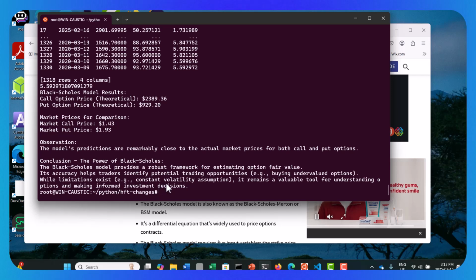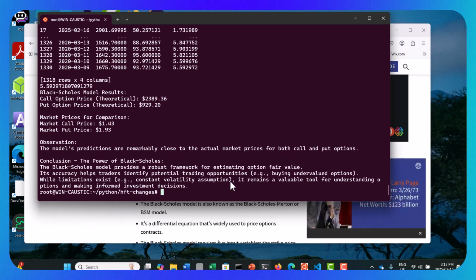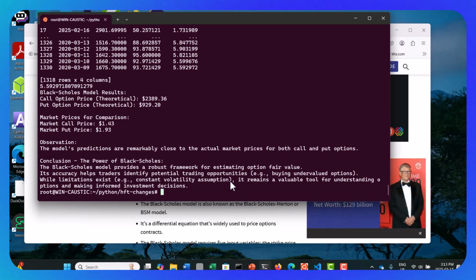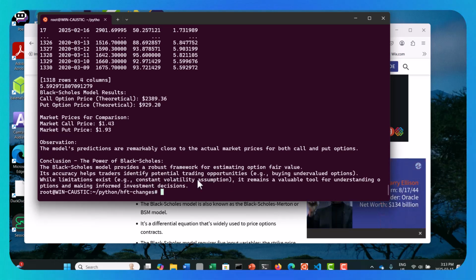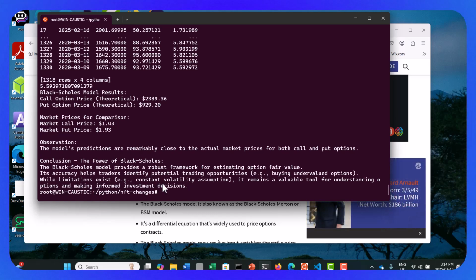While limitations exist, such as the constant volatility assumption, because again, if I was to show you the live option chain with the bid and price, it's pretty tough to measure. But we're just trying to guesstimate here as best as we can with Black-Scholes. Despite the constant volatility assumption, it remains a valuable tool for understanding options and making informed investment decisions around that.